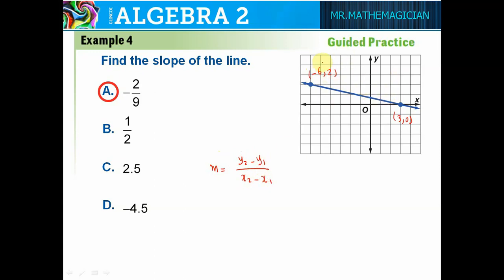I can name this one as x1, y1, or I start with this one. It's up to you. So let's say this is x1, y1 and this is x2, y2, and let's apply the rule. y2 minus y1, so this will be 2 minus 0, over x2 minus x1, this will be -6 minus 3. Now the numerator is 2, the denominator is -9, so it's going to be -2 over 9. That's why the right choice is A.